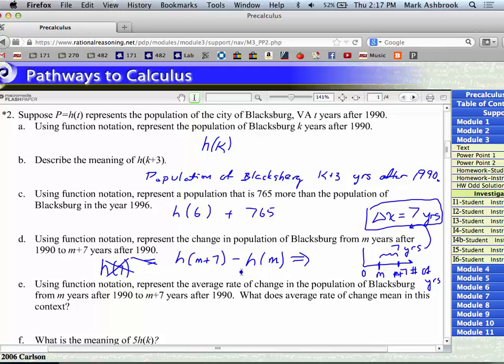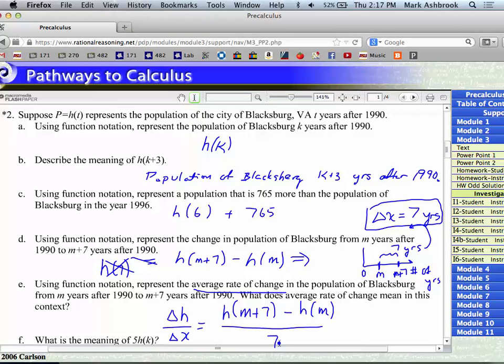Okay, so if we have that, if the average rate of change, I know I didn't tell you this, is the change in H over the change in X, and we have our change in H is H of M plus 7 minus H of M, how would we get the average rate of change? What would we divide by? 7 years.